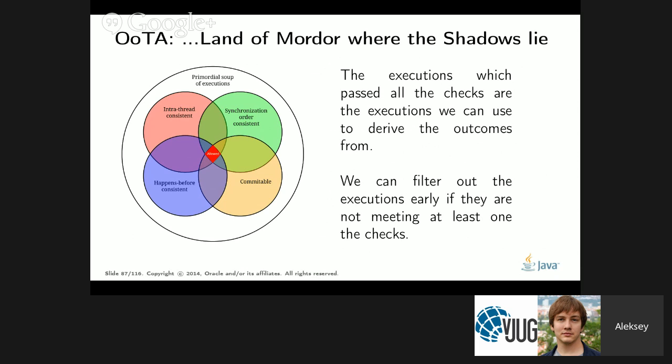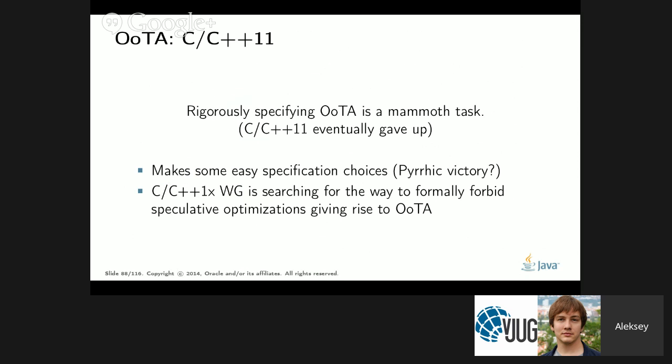One of them will be committable, because there is an existence theorem which will provide you with at least one execution. In some corner cases you have to do this, so keep that in mind if you are really hardcore in JMM. And out of thin air values is really the forefront of memory model research, because nobody really knows how to rigorously specify this.